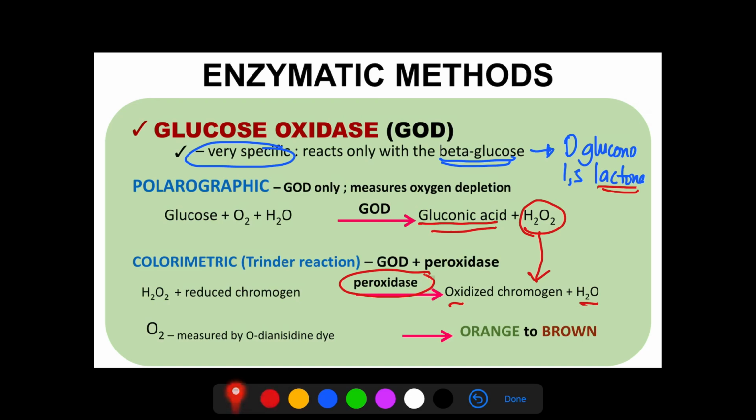And what will happen now, the oxygen formed here will react with an oxygen acceptor such as o-toluidine. That reaction of oxygen with the oxygen acceptor will convert these substances into a colored compound, the amount of which can then be measured colorimetrically. So that is for the enzymatic method using the glucose oxidase enzyme.